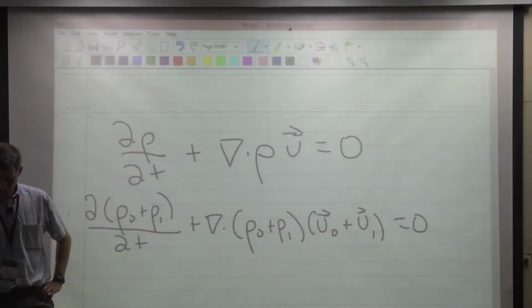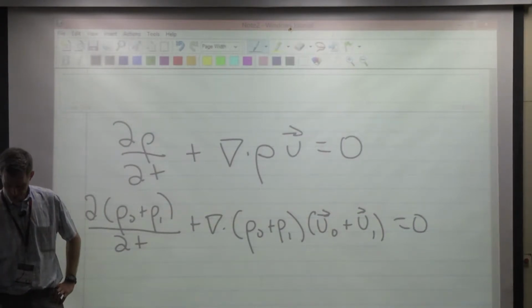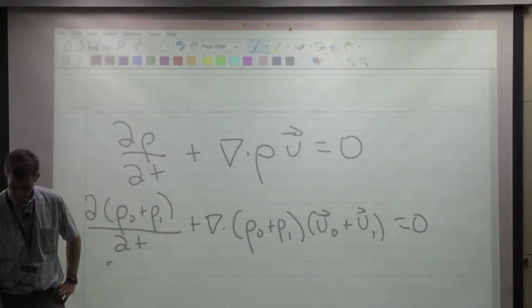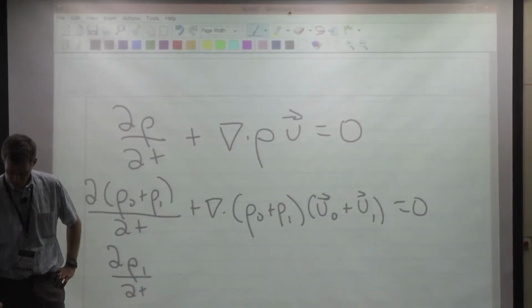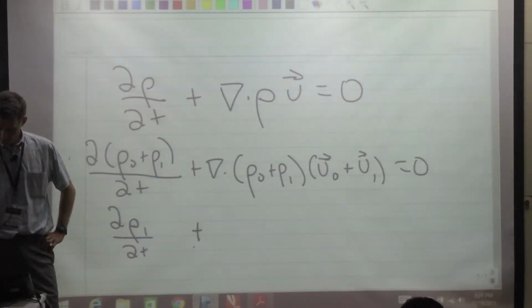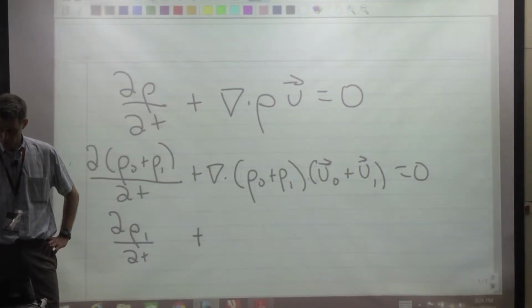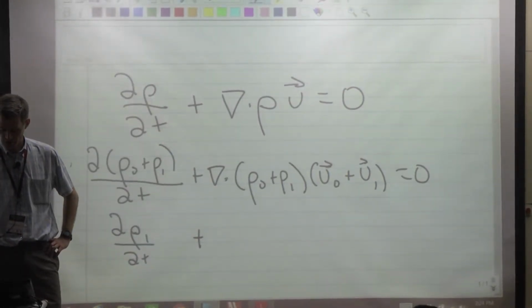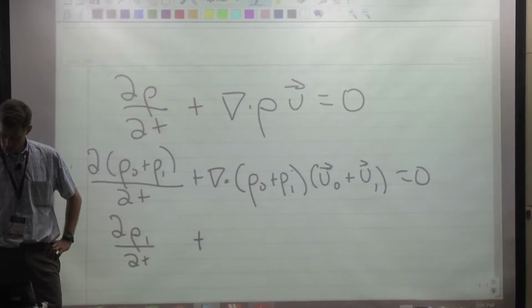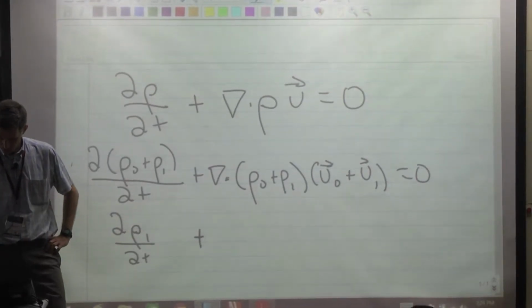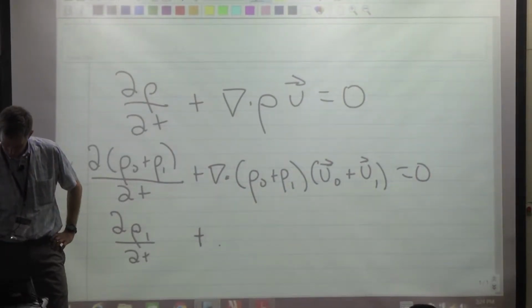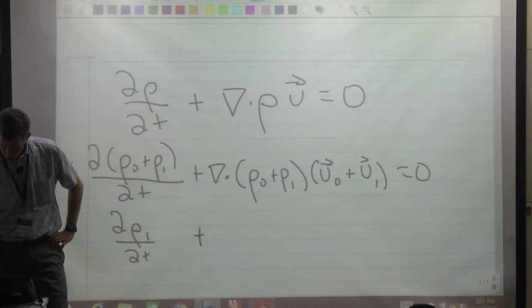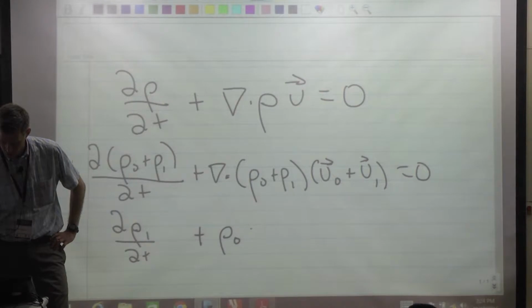And now, rho naught is not a function of time. And remember, rho naught and u naught are not functions of space, so I can pull the rho naught or the u naught out of the divergence. I'm going to skip a step or two.